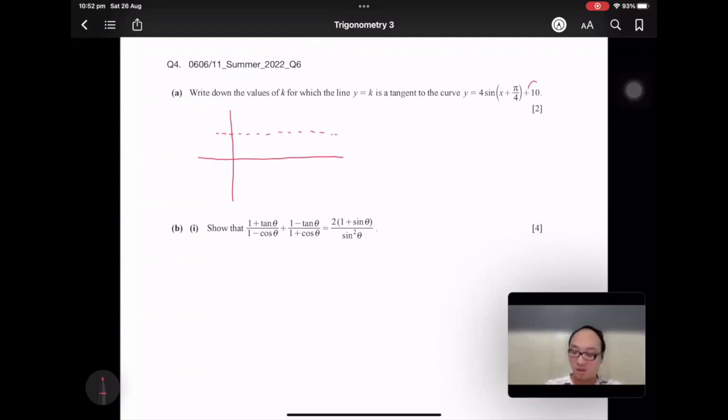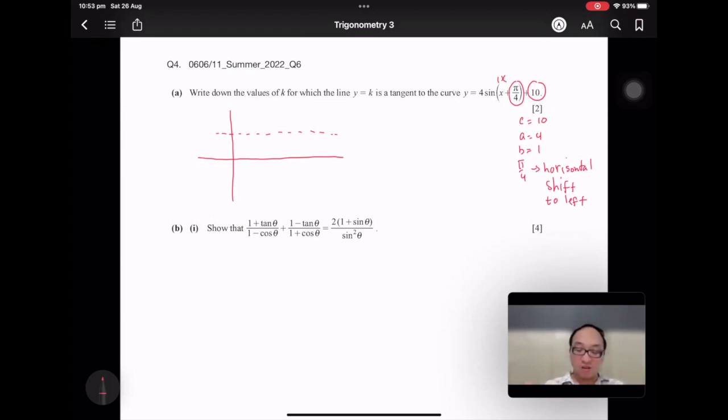The principal axis will be 10, yeah, c equals 10, and then a equals 4, b equals 1, because in front of x is 1x, and we know that pi over 4 is the horizontal shift. Positive means it goes to the left.